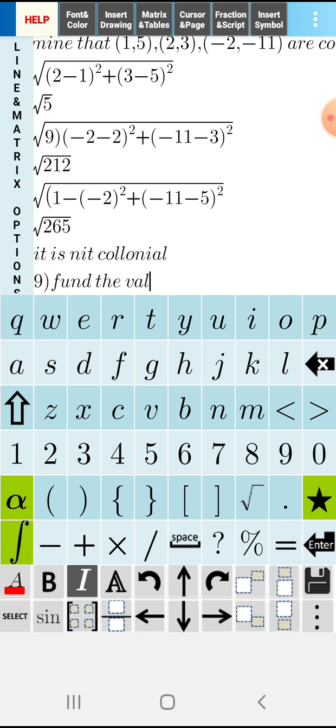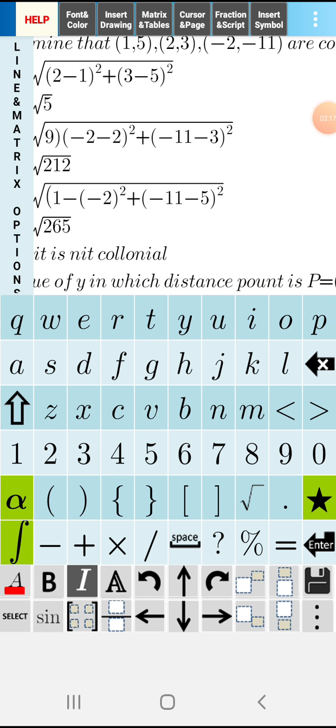Find the value of y, in which the distance from point P to point Q is given.